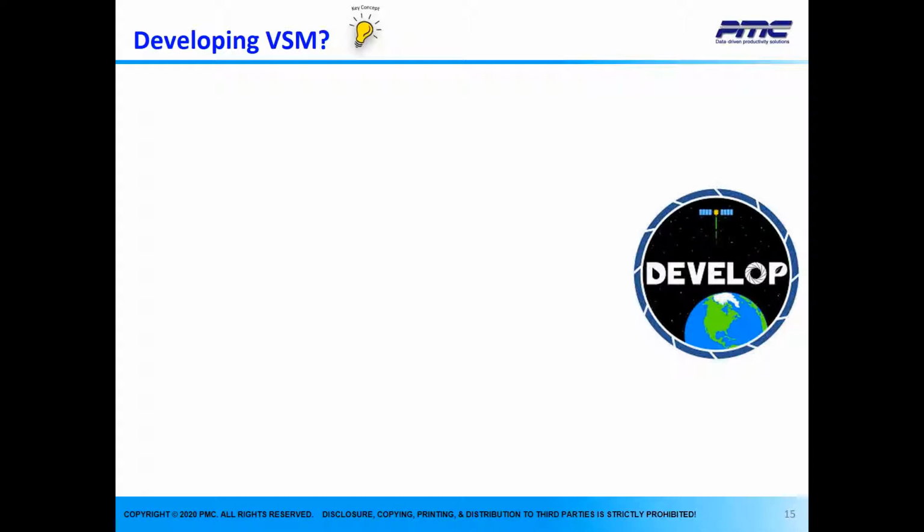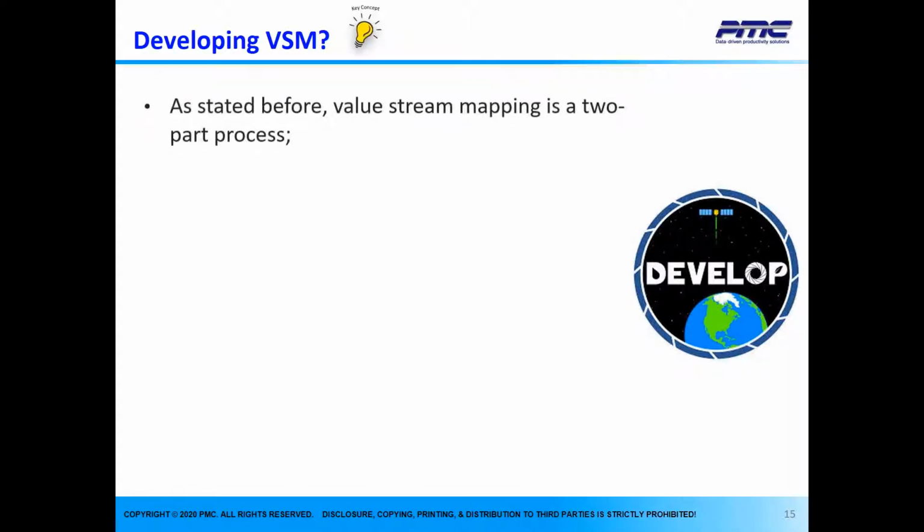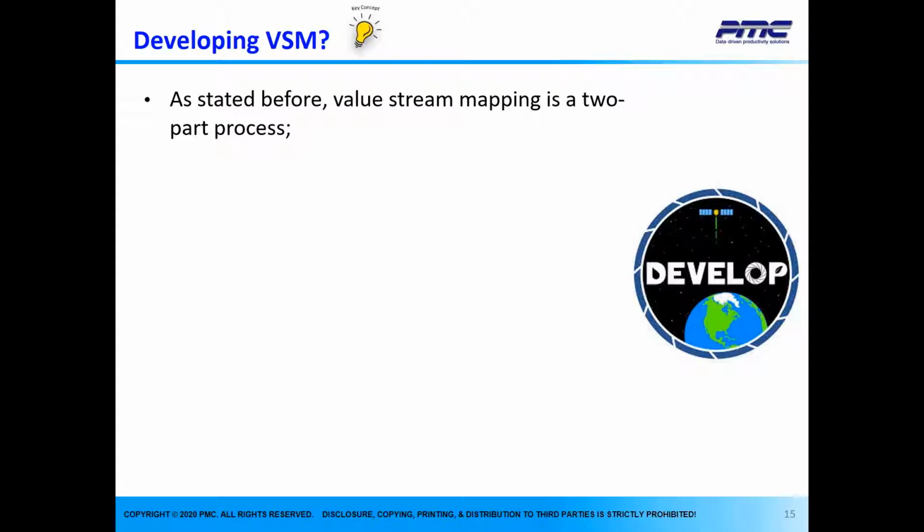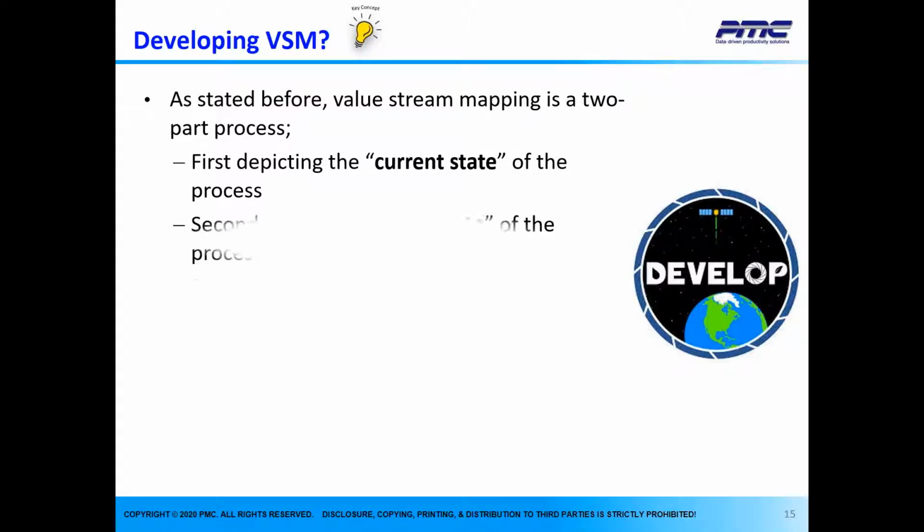So how do we develop a VSM? As I pointed out before, we have two parts to the process. First, we depict the current state of the process as is. From there, we come up with a possible future state.